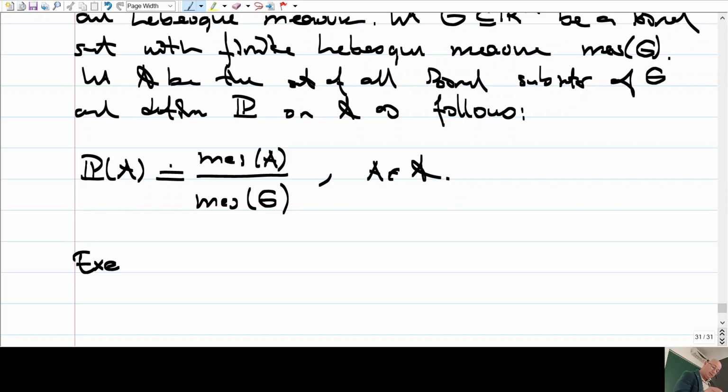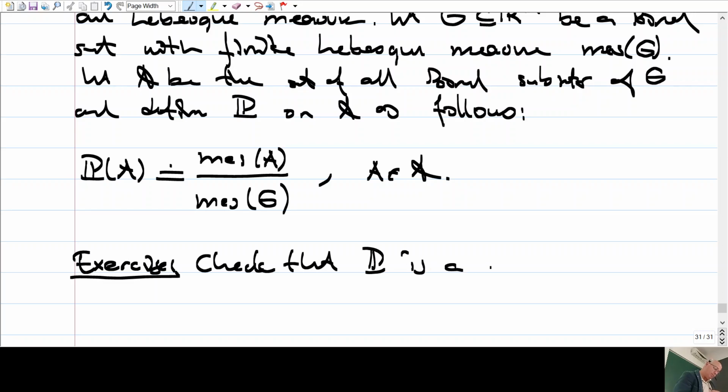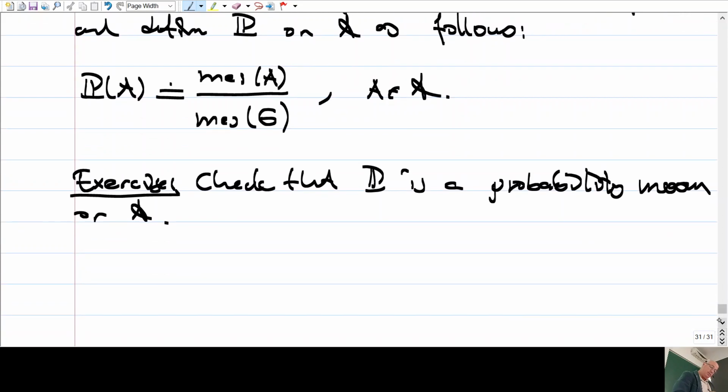I will leave as an exercise: check that this is a probability measure on A. Well, let's see an example. Once you see the example, you will see that proving this will be something really easy.